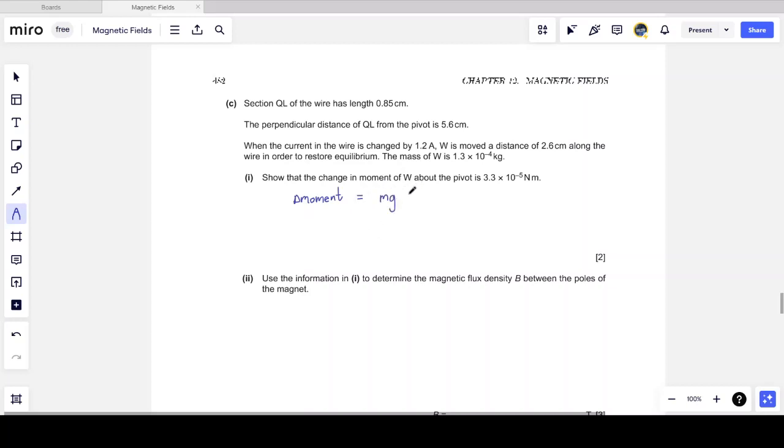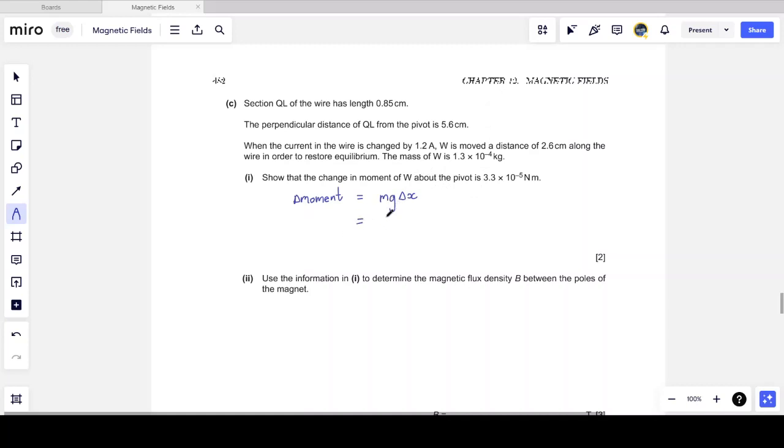But I don't need any complicated forces because what I simply need is the mass of the weight that is moving, mg, times the distance it moves. I'm not asked to calculate the moment, I'm asked to calculate the change in the moment. And so the change in the moment is the weight of the mass, which is the object moving, multiplied by the distance that it moves.